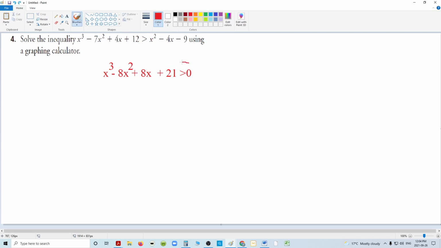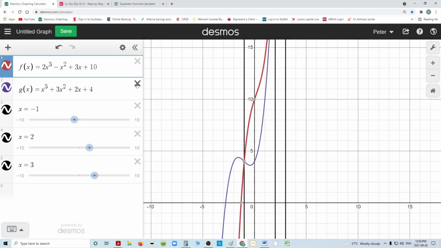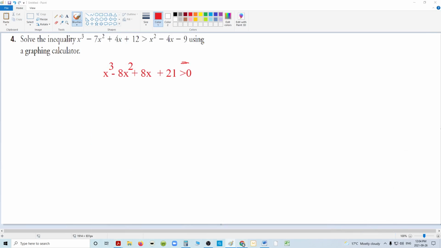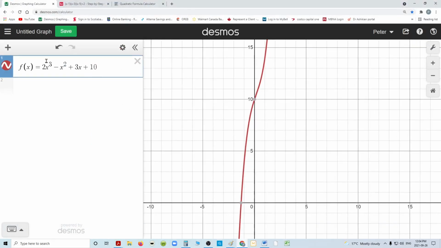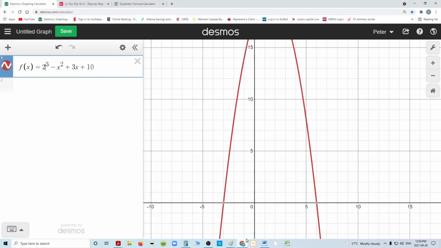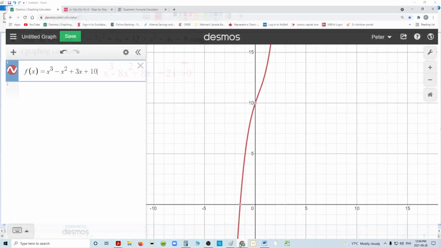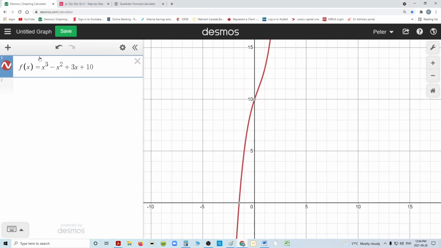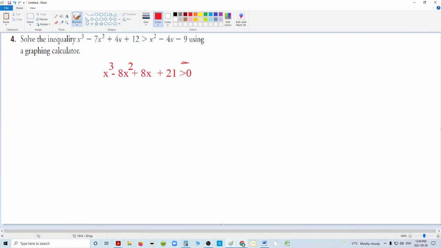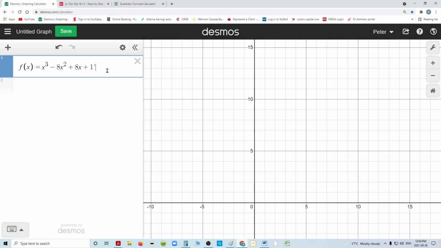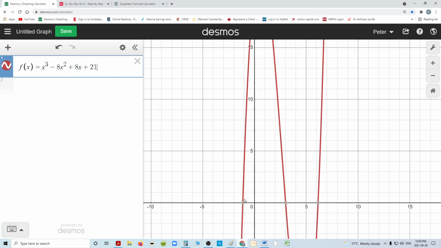So you just set it to 0, and normally you would see if it's solvable, but they say use a graphic calculator. Get rid of all these. And we're just going to see where this function crosses the x-axis. Which is a lot easier than trying to see where the graphs cross.